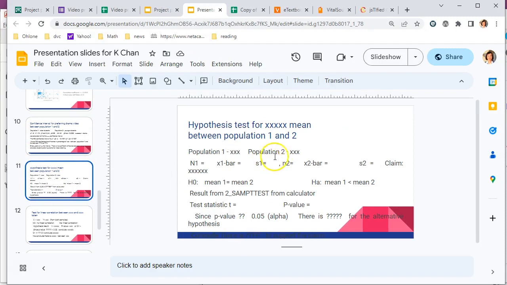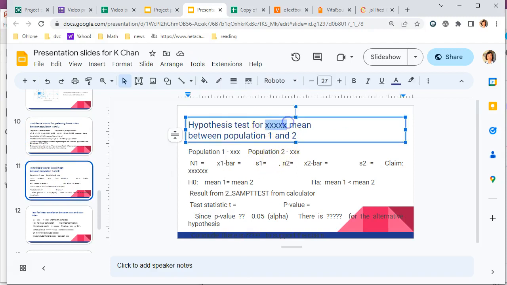Next would be to do a hypothesis test for the quantitative data. For me, the quantitative data is video watching hours per week. Mean hours of watching. Mean video watching hours between, I should not say population 1 and 2, between older and younger students.